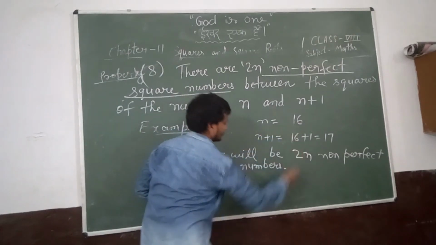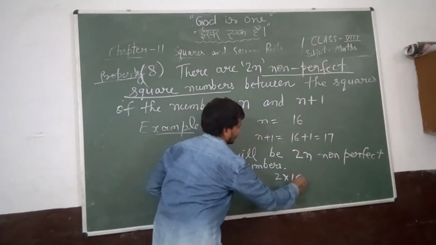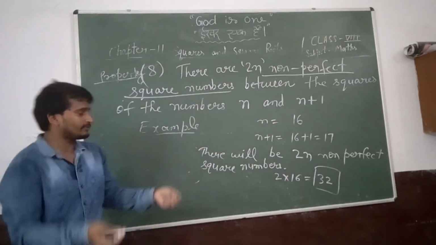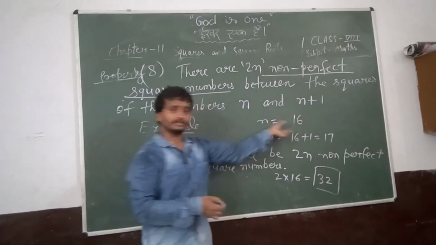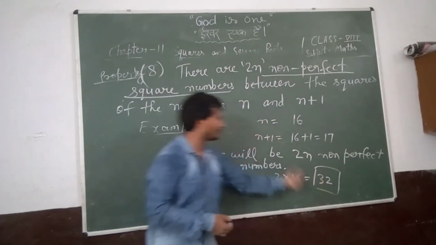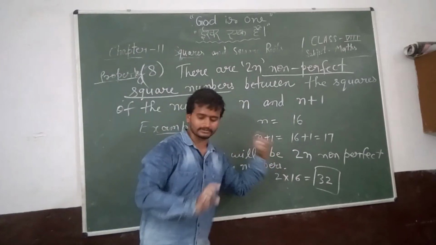The value of n is 16, so 2 into 16 is 32. Without doing any calculation, we can easily find that there will be 32 non-perfect square numbers.